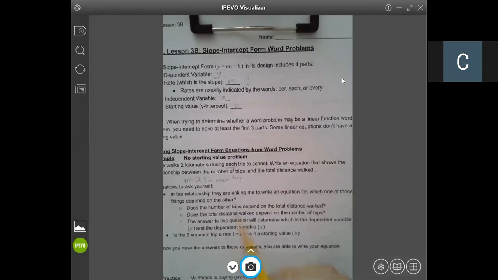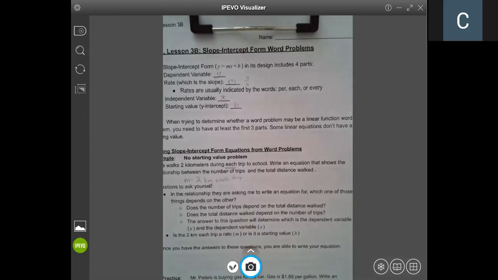So, does the number of trips depend on the total distance walked, or does the total distance walked depend on the number of trips? So, anybody tell me what they think about that? Raised hands. Anybody? All right. Let me just call on someone then real quick.